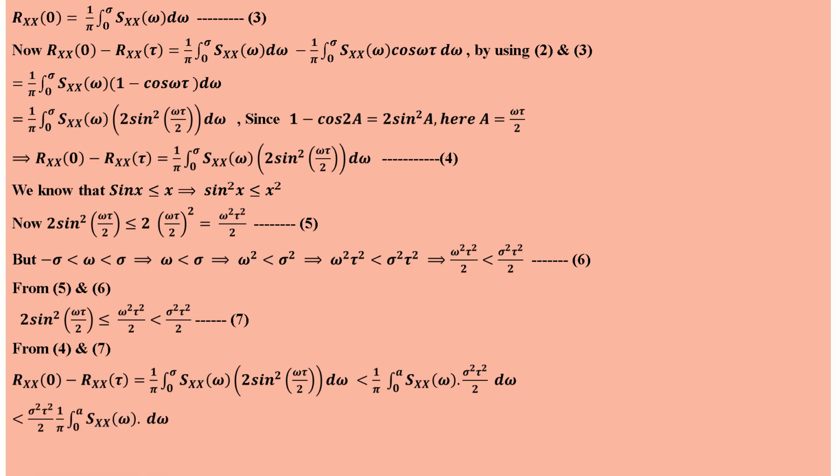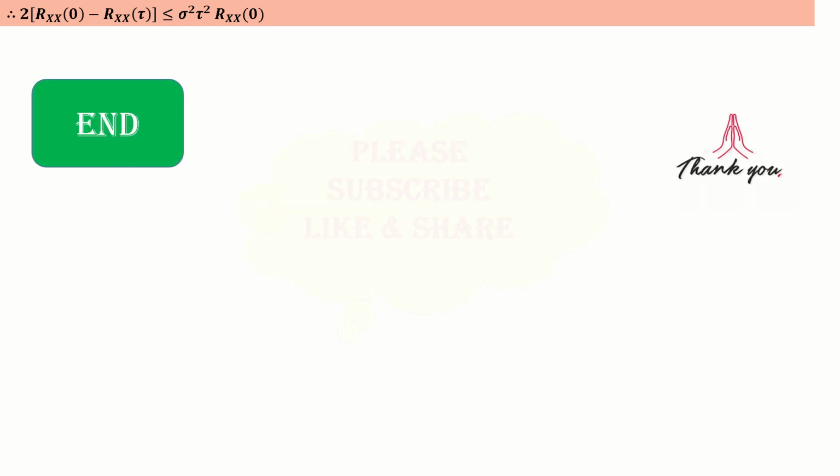So that is less than sigma square tau square by 2 into 1 by pi, because sigma square tau square by 2 is a constant with respect to omega, so we are taking it outside, integral 0 to sigma Sxx of omega d omega, which is less than sigma square tau square by 2 Rxx of 0, by using 3. The third equation says Rxx of 0 is equal to 1 by pi integral 0 to sigma Sxx of omega d omega. Therefore, we will get 2 into Rxx of 0 minus Rxx of tau less than or equal to sigma square tau square Rxx of 0. Right, thanks. We'll see in the next video.